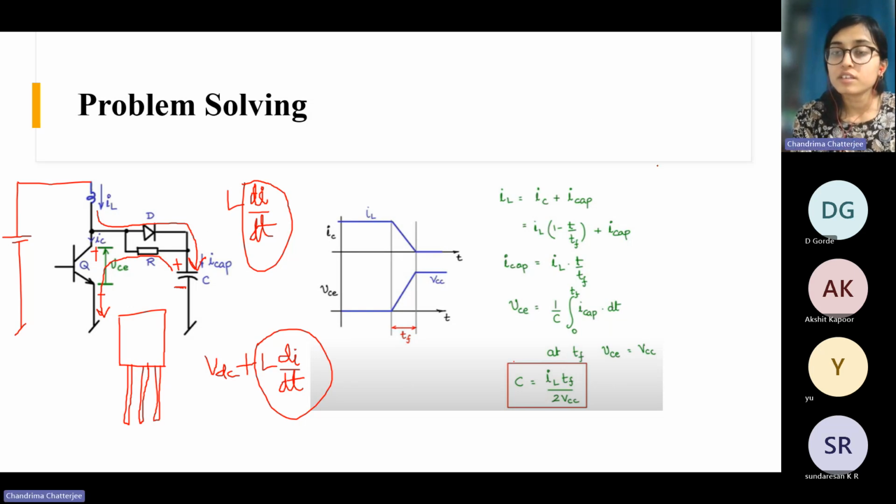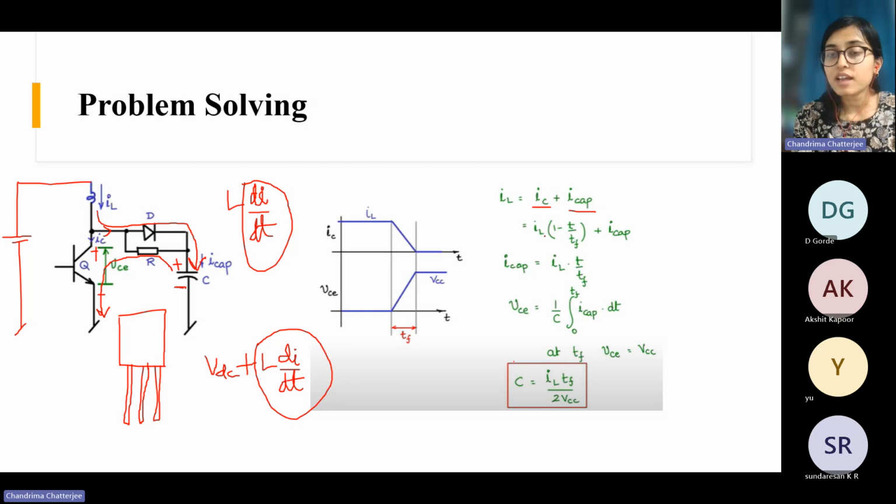So here we can find out the equation. This IL current is basically the sum of IC, that is the collector current, or if you have a MOSFET here, the drain current, plus I cap, which is the capacitor current. If you apply KCL here, this current is the summation of these two currents.